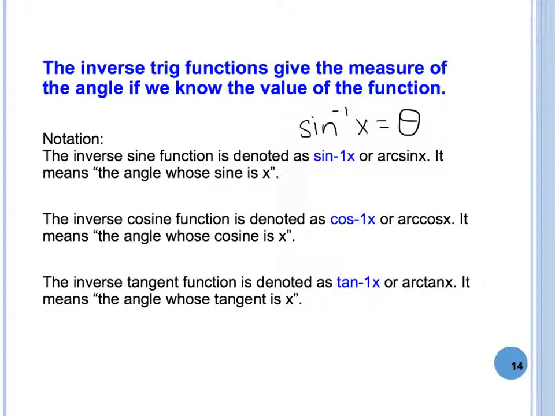So usually we would see something like the sine inverse of a fraction, like that's the ratio of the 2 sides of our right triangle, and we want to know what angle is in the triangle where these two sides take place.